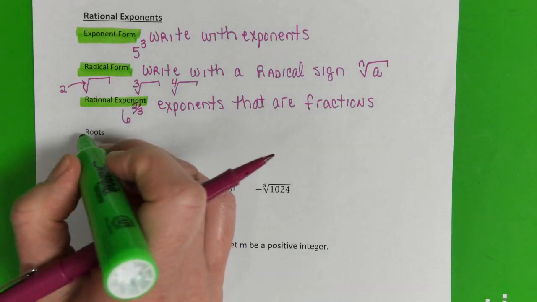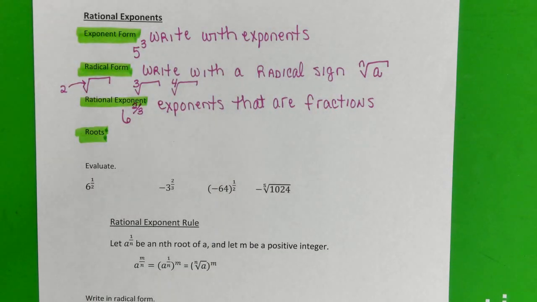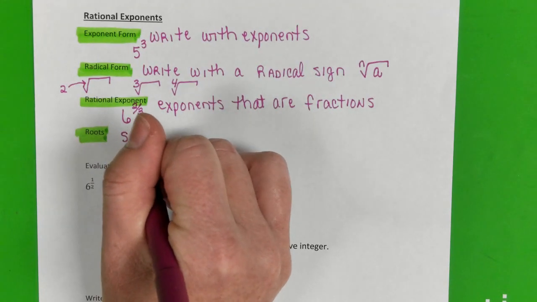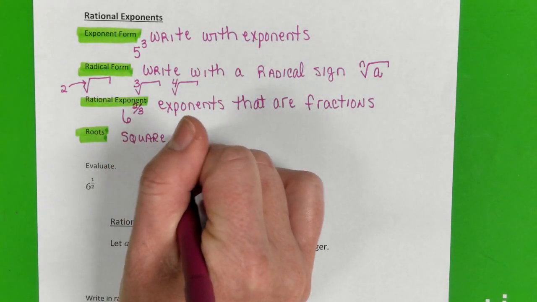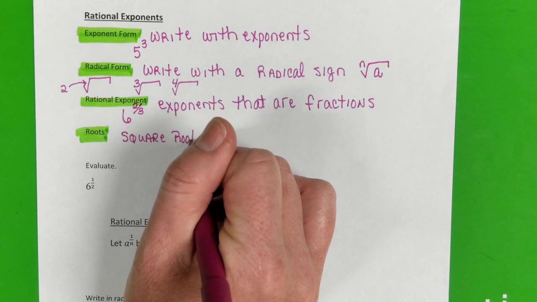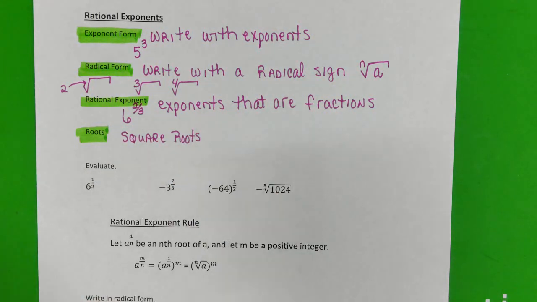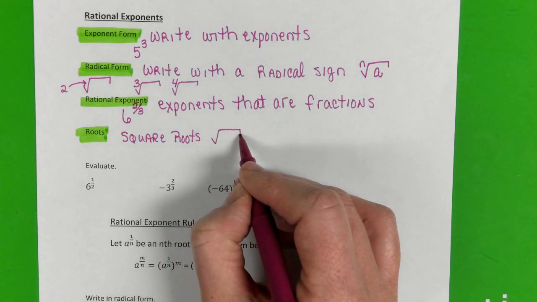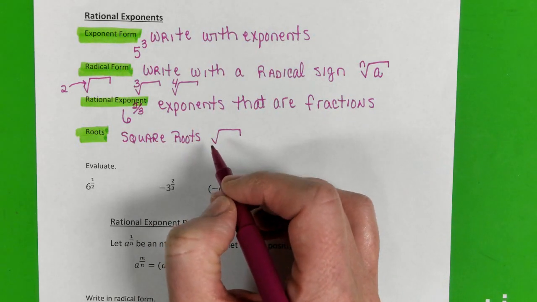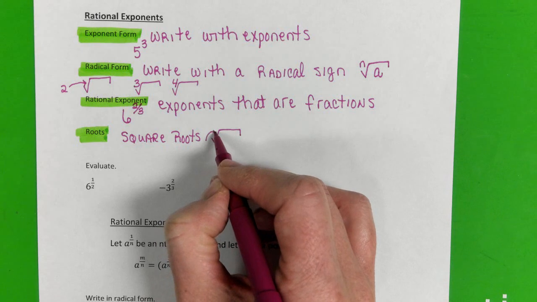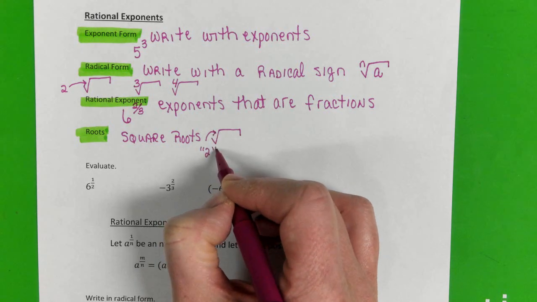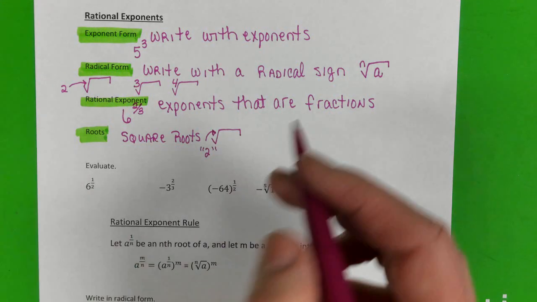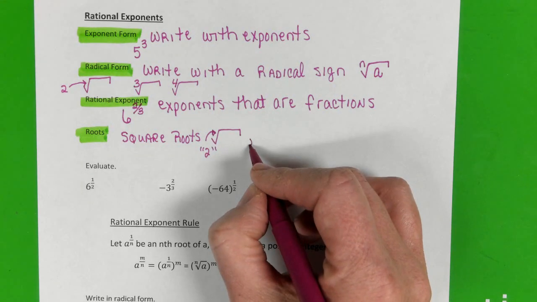I mentioned roots a second ago, and I do want us to understand that there are square roots. That is probably what you are most familiar with. You'll be getting to work with other kinds of roots as you move forward. Square roots look like this. Again, remember, this is an understood 2. We don't write a 2 in this little nook, but that would be the square root.